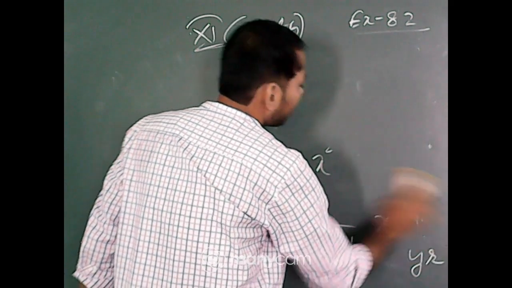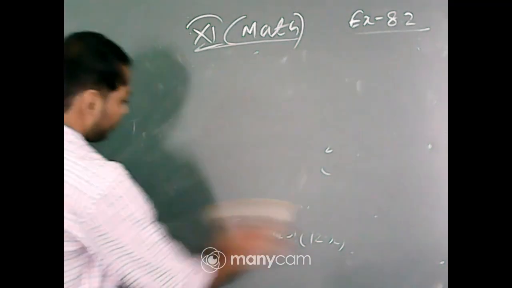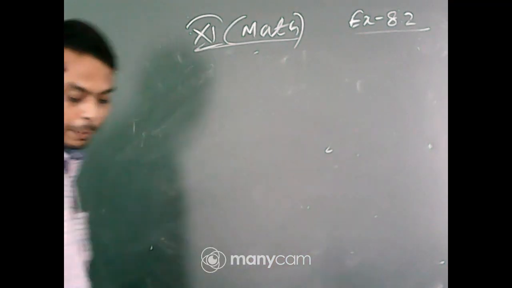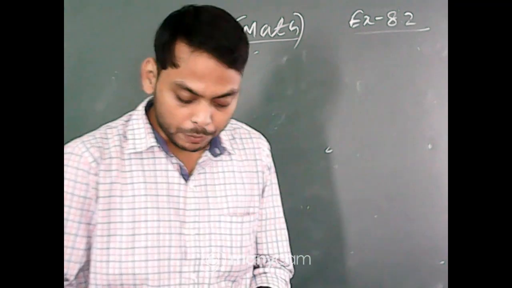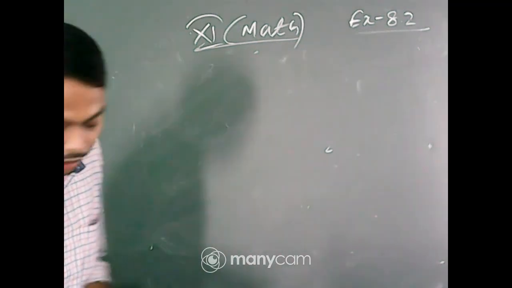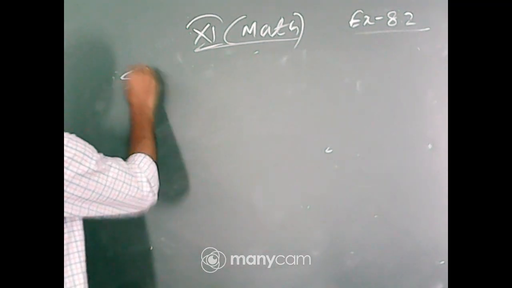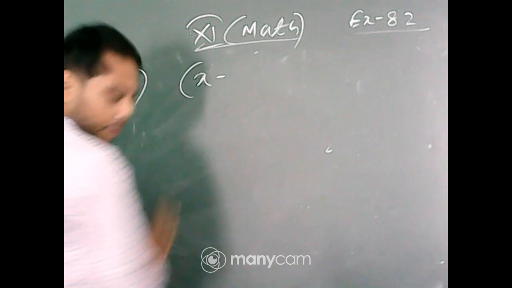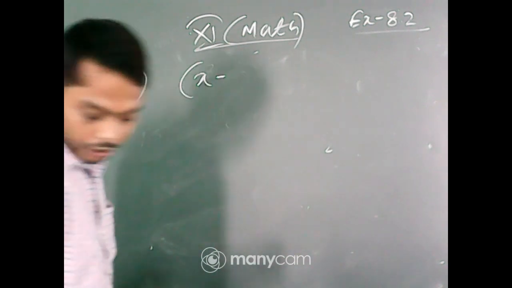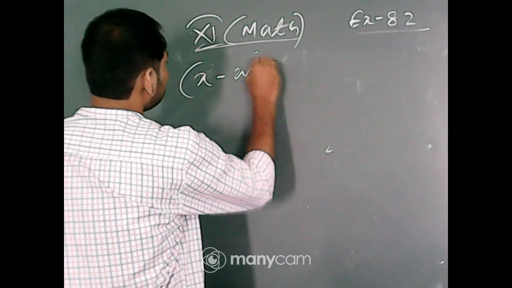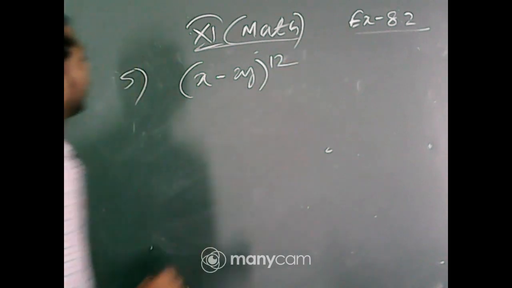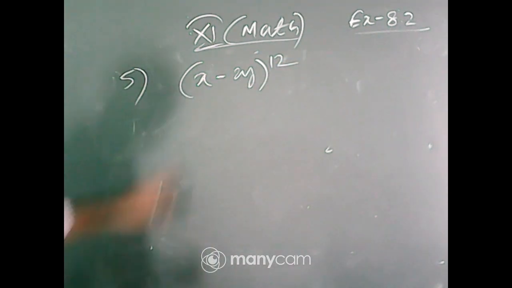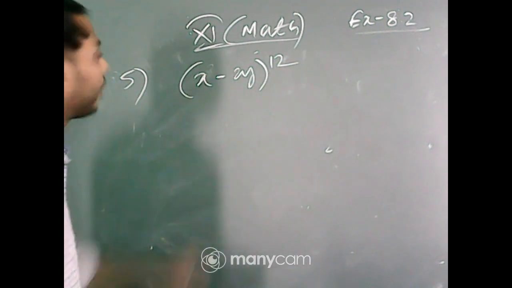You also do it with me in your copy. So question number 5, go through the problem. Find the fourth term in the expansion of x minus 2y to the power 12. You have to find the fourth term of the expansion of x minus 2y to the power 12.